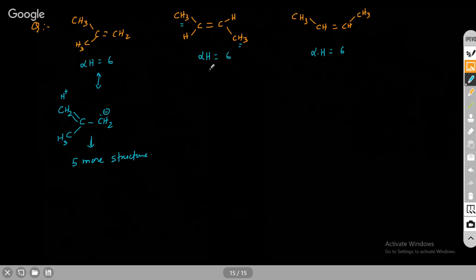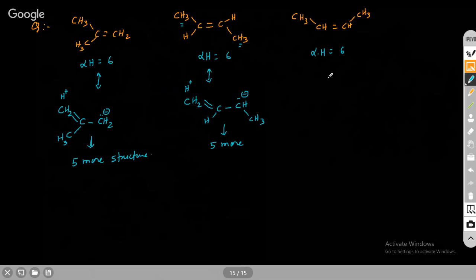If you draw the hyperconjugative structure here, that will be CH2 H plus here, double bond C, single bond CH, negative charge CH3, and H also we have, right?